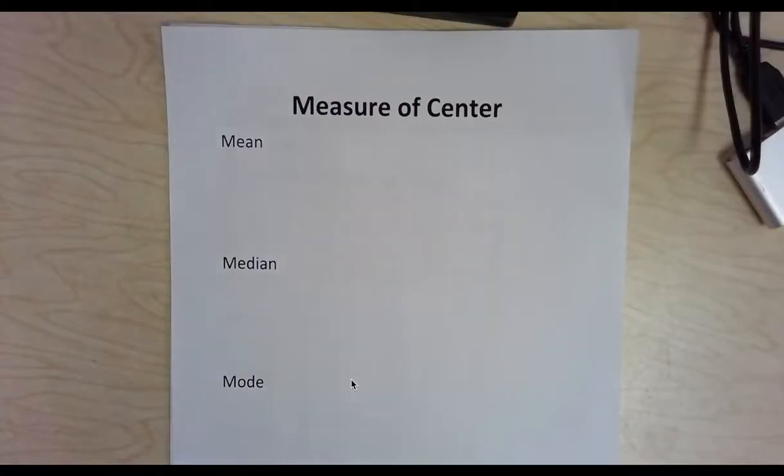Today we're going to look at three measures of center called the mean, median, and mode. All three of these try to represent the center or typical value in a data set.